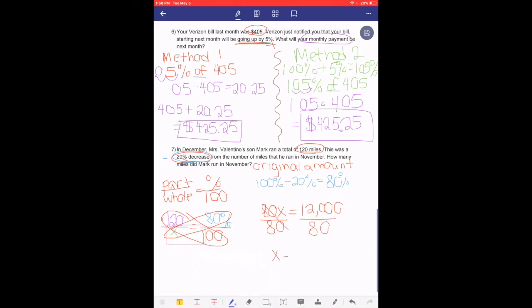X equals 12,000 divided by 80. You'll get 150. And then in this case, we're talking about miles that he ran. So 150 miles. And this makes sense because it says that in December it was 120, and that was a decrease from the original amount. So 120 should be a smaller amount, which is true. We went from 150 and then we decreased to 120.